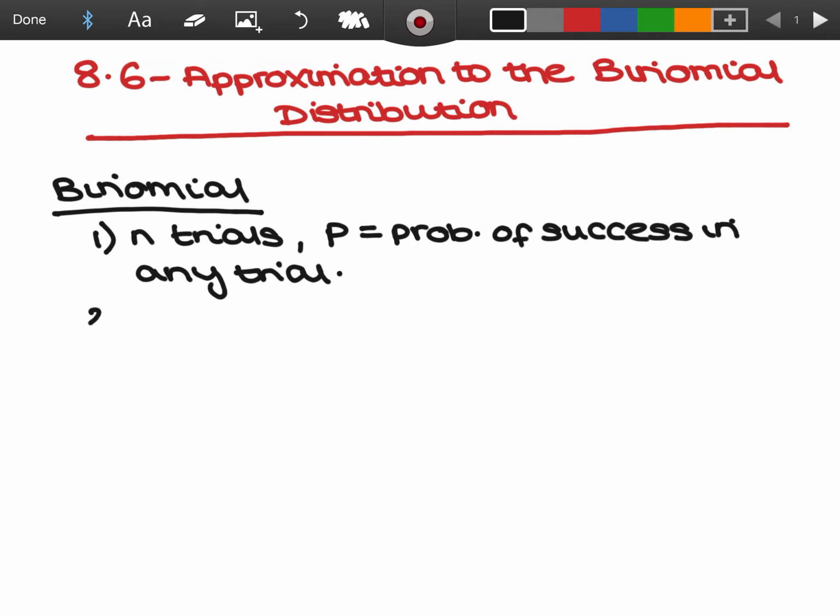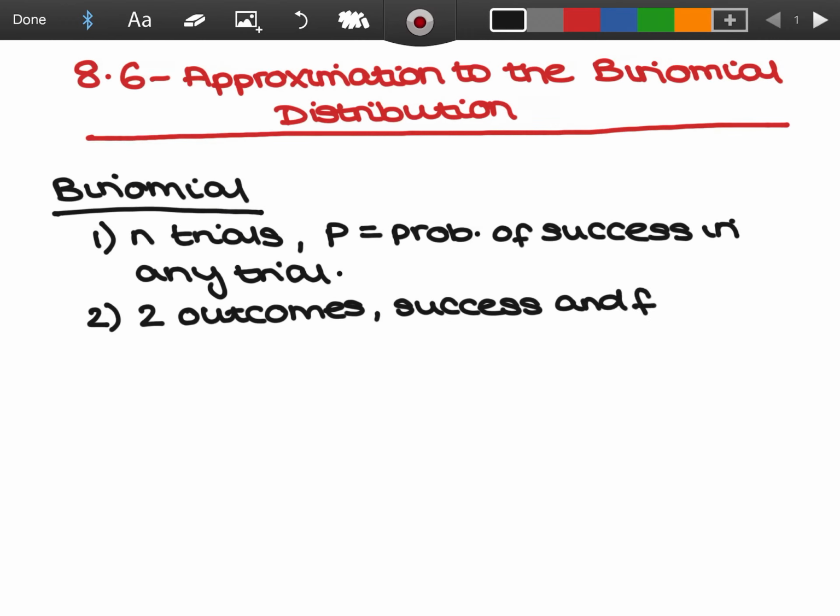We also have to remember that there are only two possibilities, only two outcomes. Okay, so you're going to have your outcome of success and your outcome of failure. So there's only two outcomes, and we call them success and failure. The thing to remember with this, go back to an example. We always looked at throwing a coin, okay? When you toss a coin, you have either heads or tails.